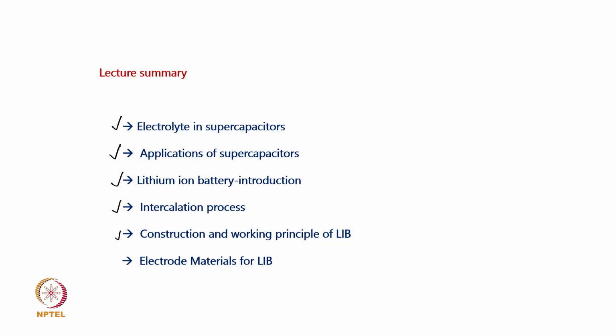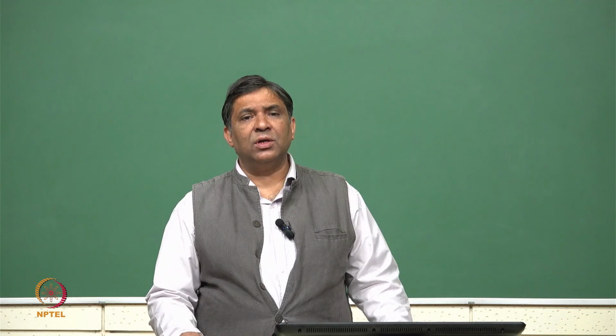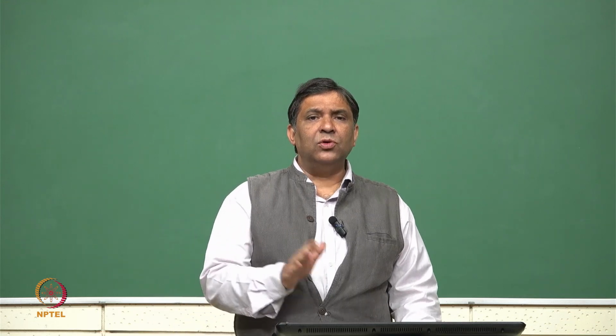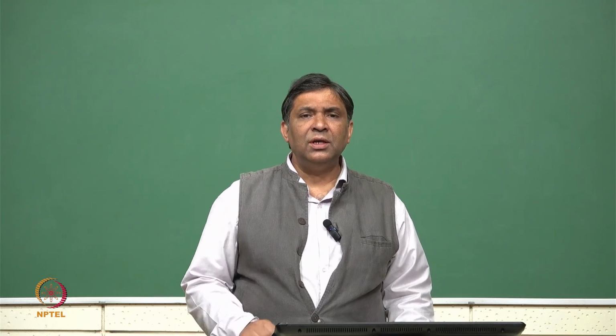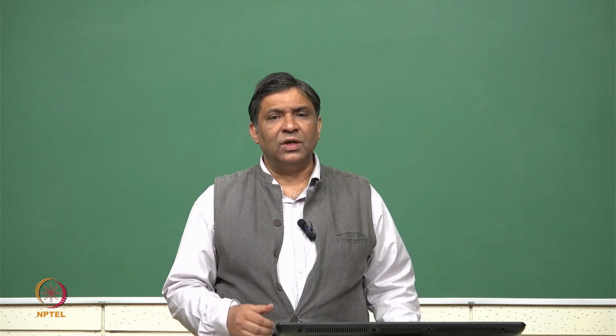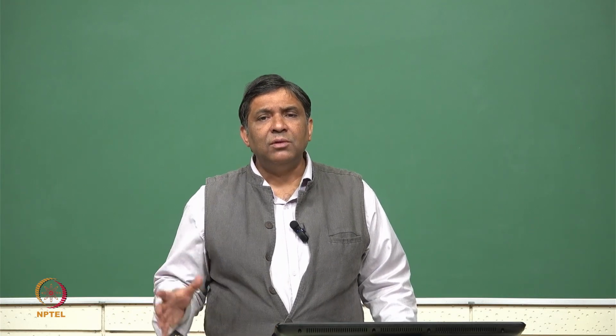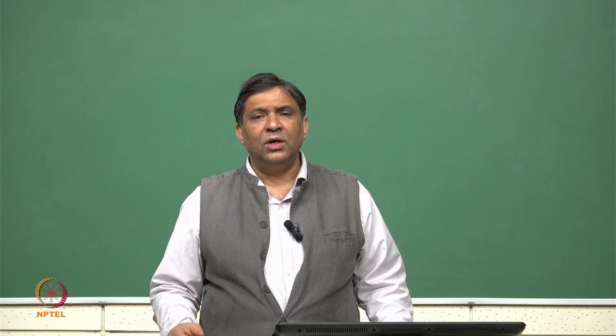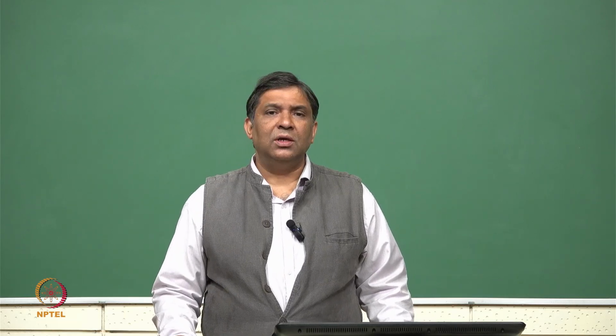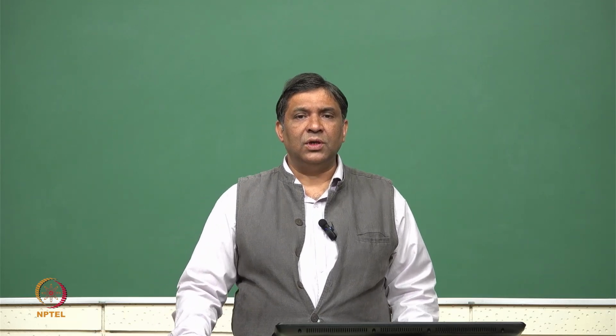And I just introduced the electrode materials of the lithium ion battery, some important cathode and anode materials, and in the next class we will discuss in detail different materials, including nanomaterials, used as cathode and anode in the lithium ion battery. Okay. Thank you.